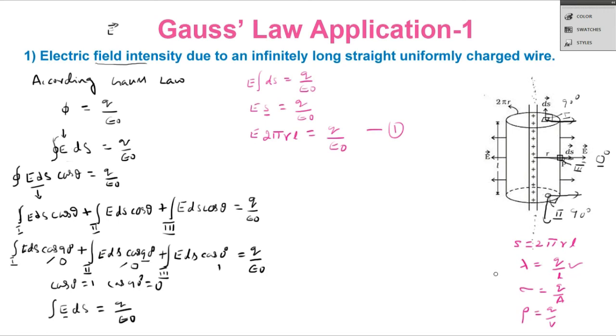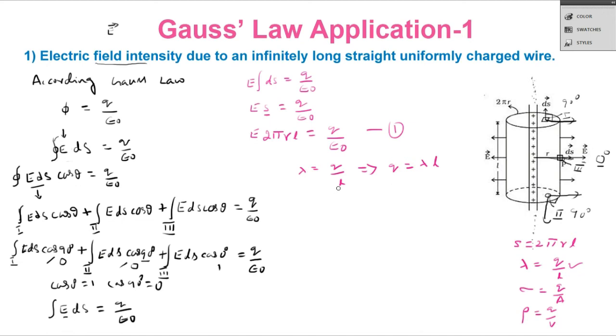Now I will take this linear charge density, lambda is equal to Q by L. So what is Q? Q is equal to lambda L. Are you clear?